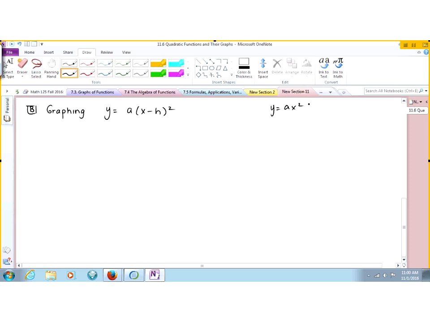Y equals ax squared, right? And a is a constant. Now we're going to explore, for example, graphing y equals x squared, y equals x minus 2 squared, and y equals x plus 3 squared.